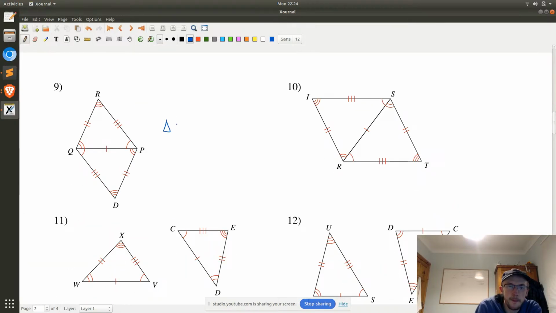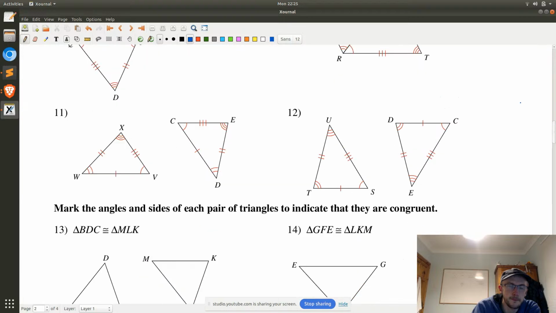Triangle PQR is congruent to triangle QPD. Triangle SRI is congruent to triangle RST.